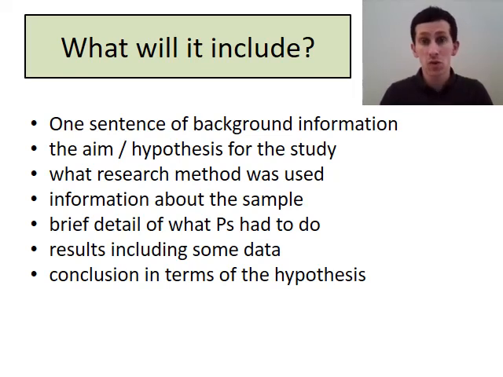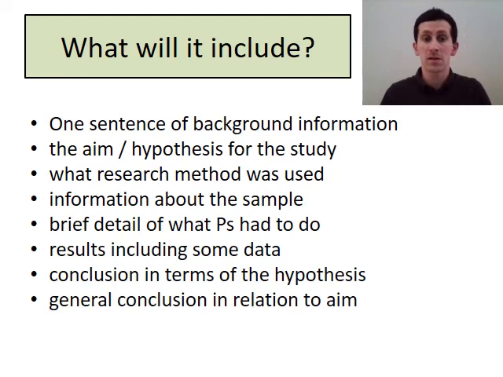They'll give you a conclusion in regards to did they reject the hypothesis or accept that hypothesis. And also they'll give you a general conclusion in regards to the aim of the study. So you can see there's an awful lot of information packed into that first small paragraph. Once you've read all this, you know whether it's worth reading the rest of the paper or not.